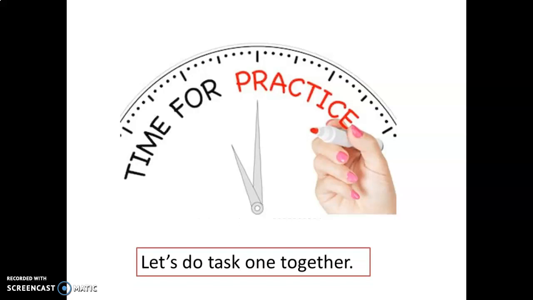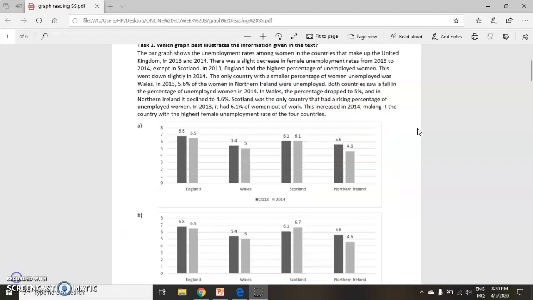Okay, let's do task 1 together. When you see a task like this, you need to read the information and look at the charts one by one. Let's do this quickly. The graph shows unemployment rates among women, United Kingdom, 2013 and 14. So we have all the countries here and we have the years. So both charts are okay for now.